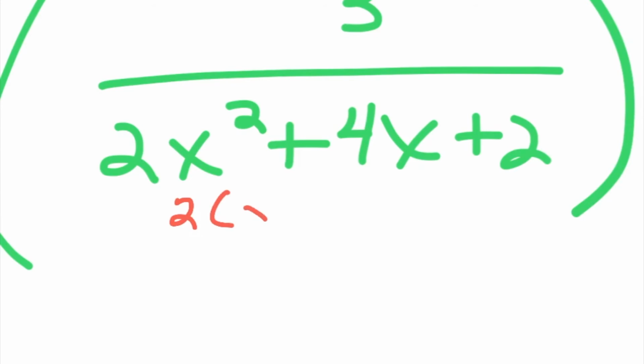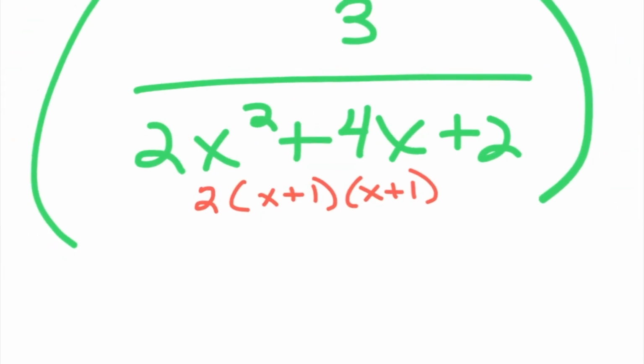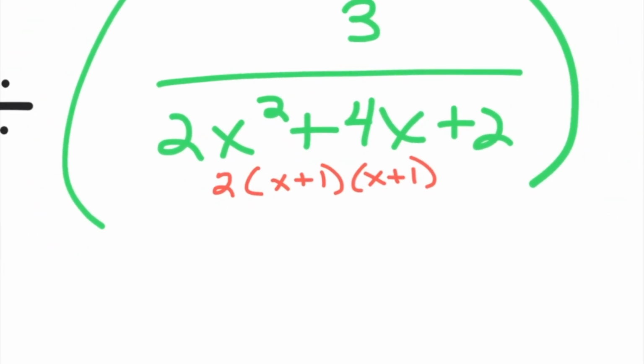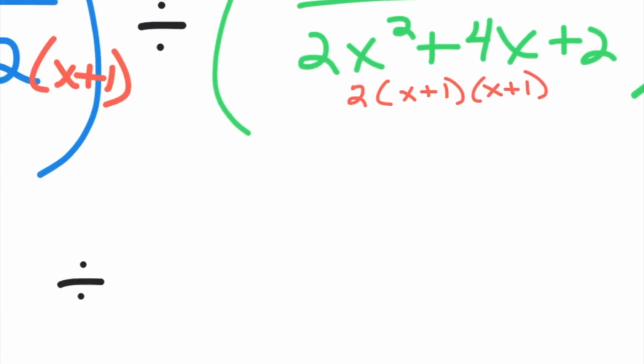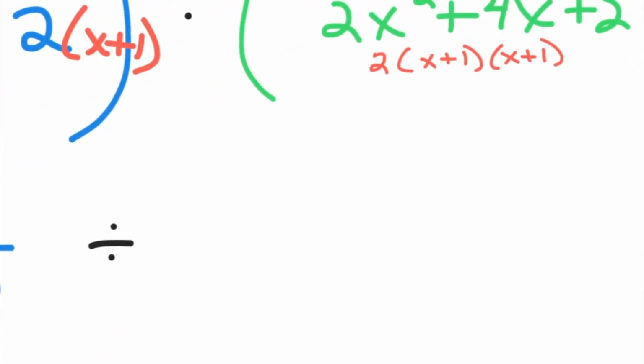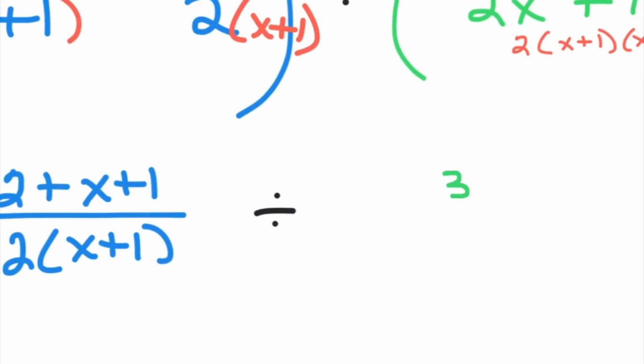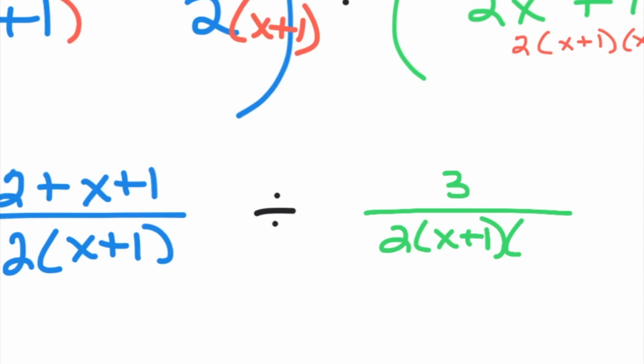And you should have 2 times x plus 1 times x plus 1. And so now that whole fraction is 3 over, and then that factored 2 times x plus 1 times x plus 1. So the green is 3 over 2 times x plus 1 times x plus 1.